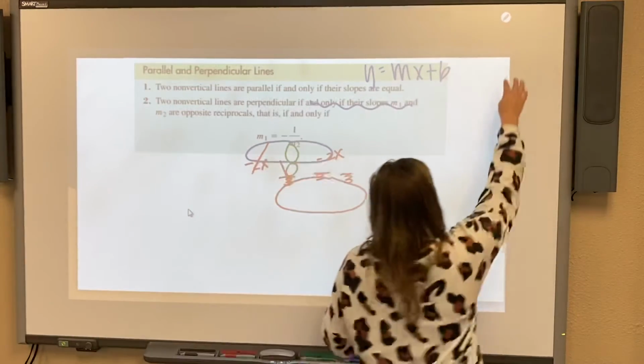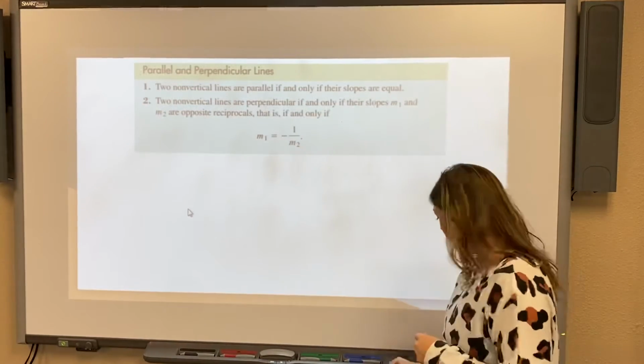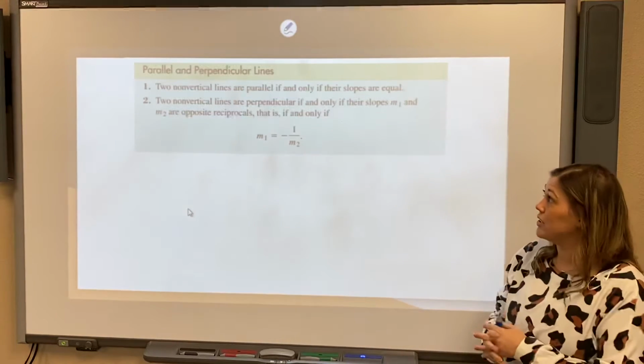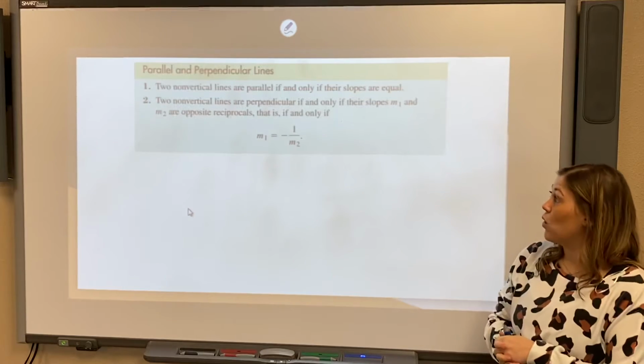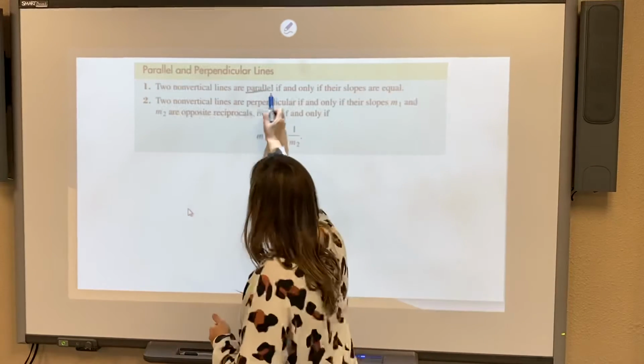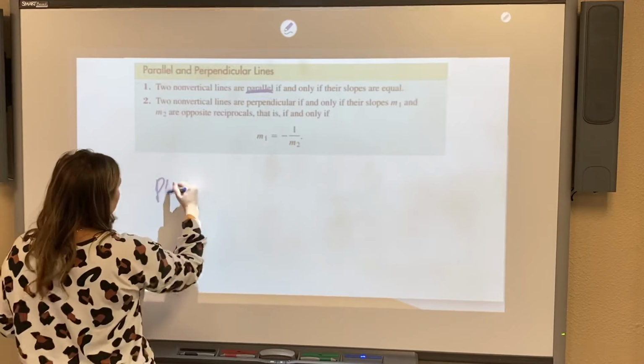Now let's talk about parallel and perpendicular. Two non-vertical lines are parallel if and only if their slopes are equal. So for parallel, slopes are equal.